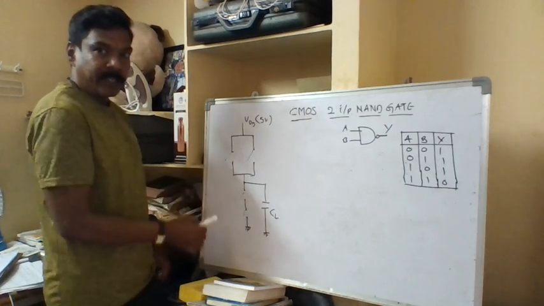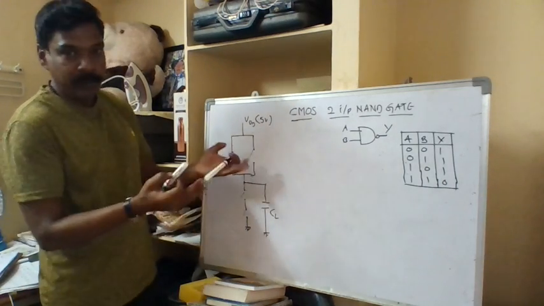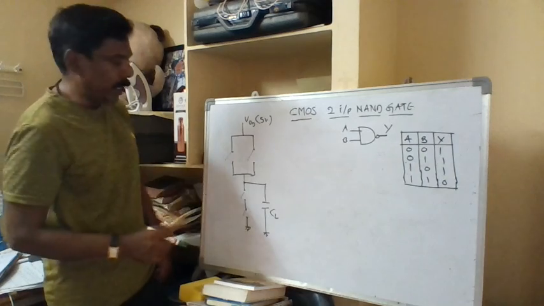The network is made in such a way as to realize a logic circuit, that is, a two-input NAND gate.